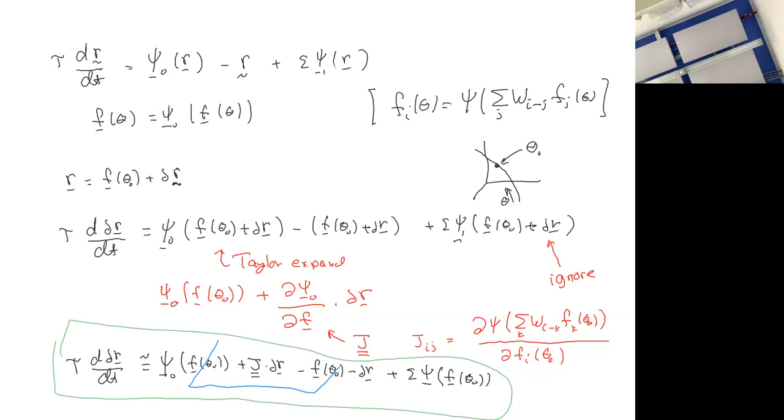And we can write this as tau d delta r dt equals J minus the identity dot delta r plus epsilon psi 1 of f of theta naught. So that's the equation we want to solve.